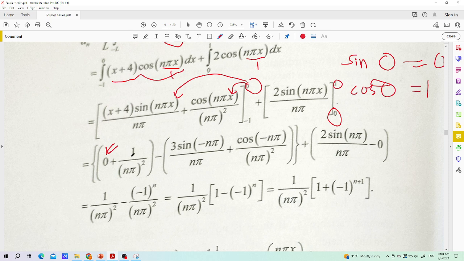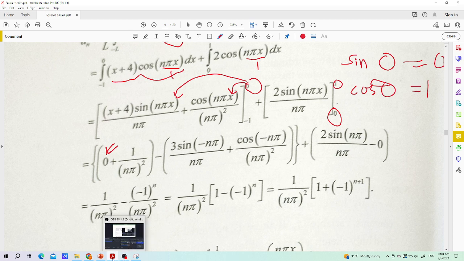Alright. So what we'll have is negative. We know that cos 0 equals 1. So how about n pi here?